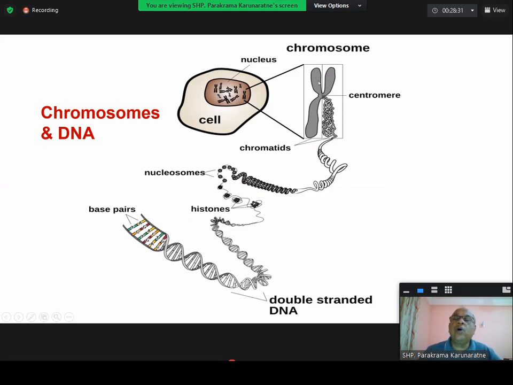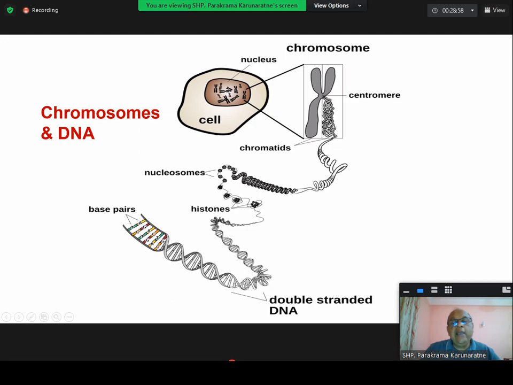You take a chromosome, and inside the chromosome you find a long thread, the DNA molecule. This DNA molecule, I will explain later. You see, this is the DNA molecule.